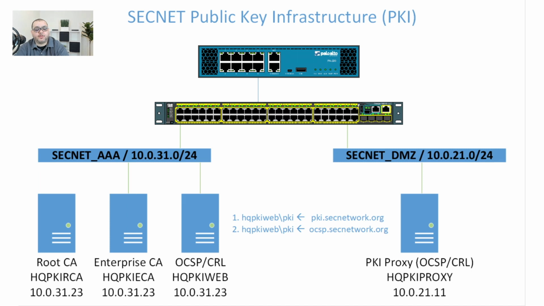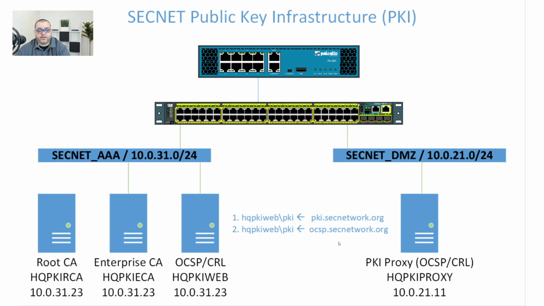Alright, so before I kick things off, I wanted to go over the architecture of the public key infrastructure that I plan to build. Within the AAA network, I will be building a root certificate authority, an enterprise certificate authority, an OCSP and CRL web server, and then in the DMZ, I will be building a reverse proxy, and the reverse proxy will provide the internal and external path to the web server.